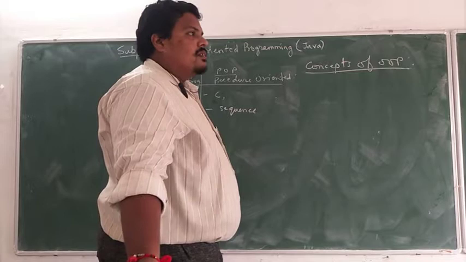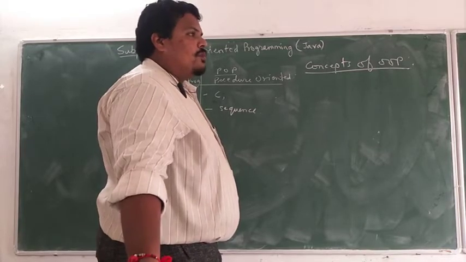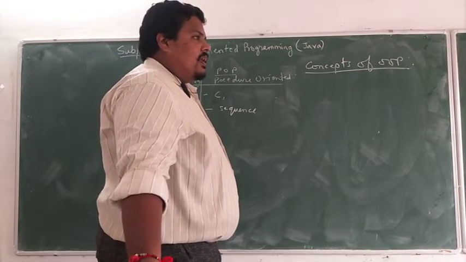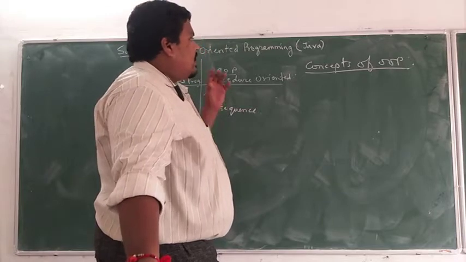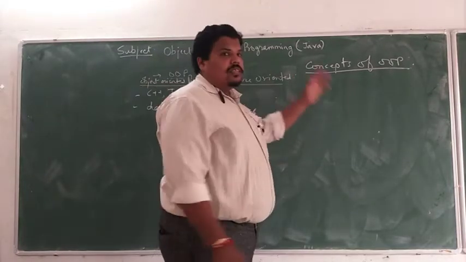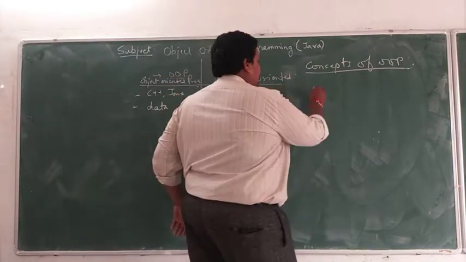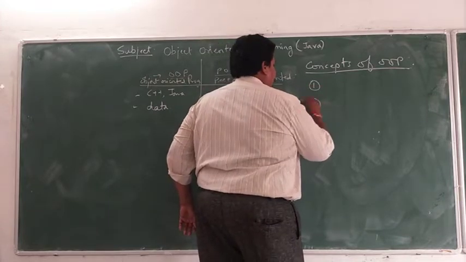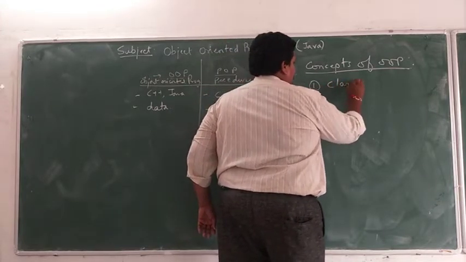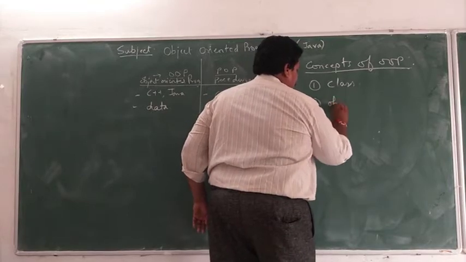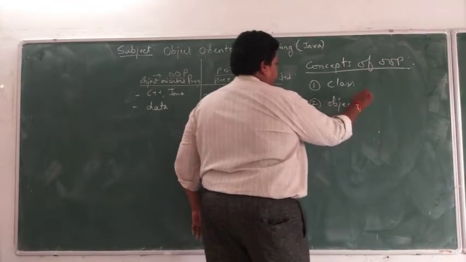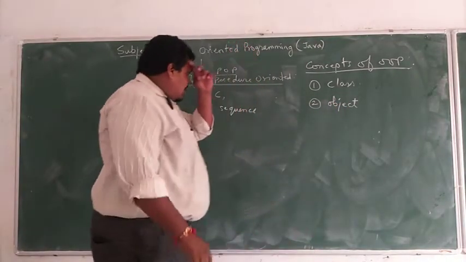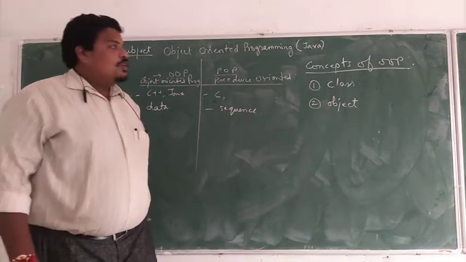There are inheritance, encapsulation, polymorphism, dynamic binding, a number of concepts. But the main important concepts which define the object-oriented approach are two: first is a class, second is an object.